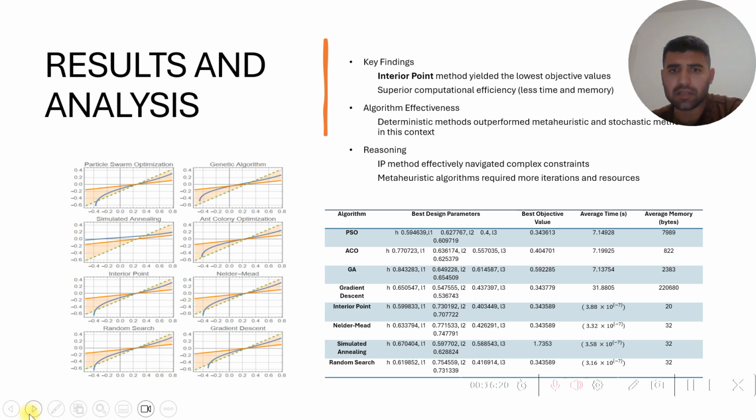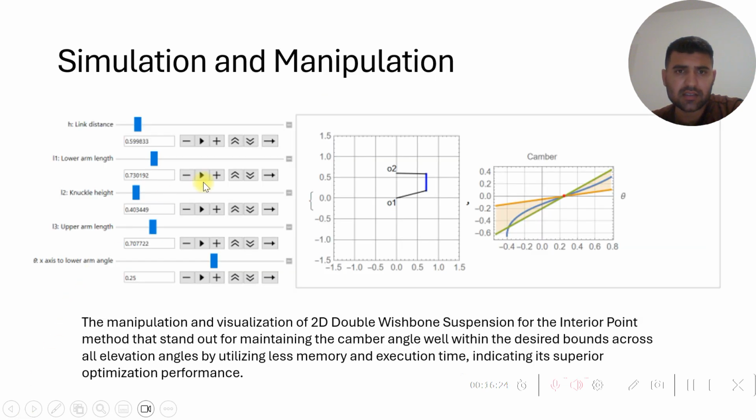So for our case the interior point method gives a good result, and this is a simulation on the runtime to get the optimal values, and if we change these values it must stay in this region. So this is some sort of attempt to make a double wishbone suspension.